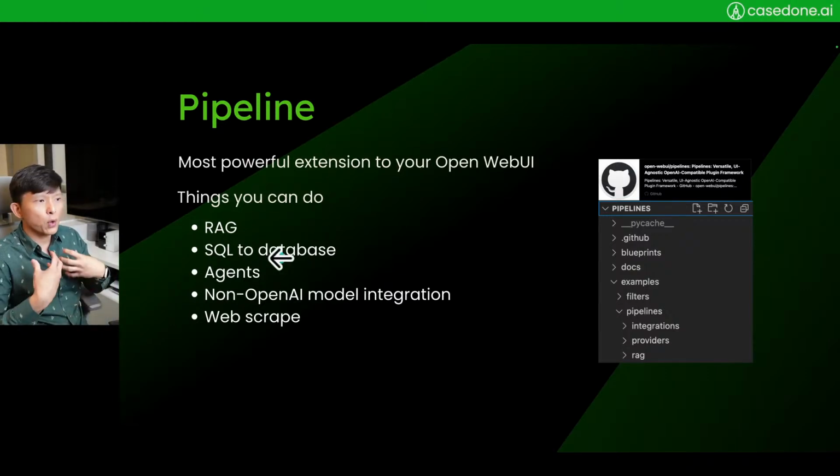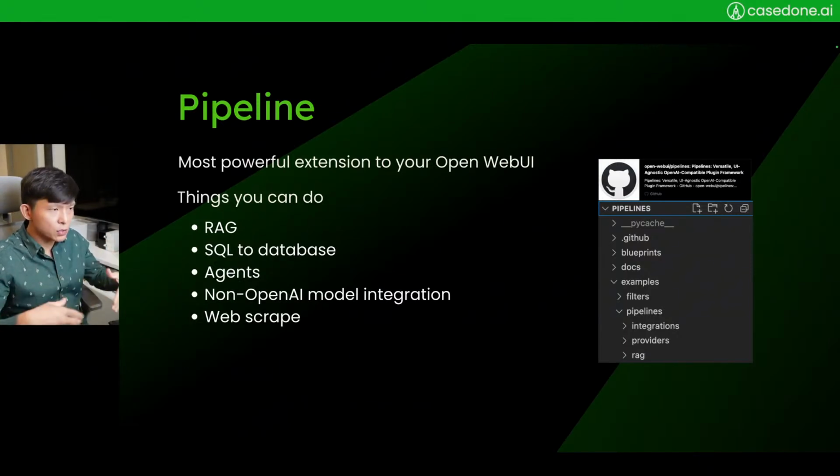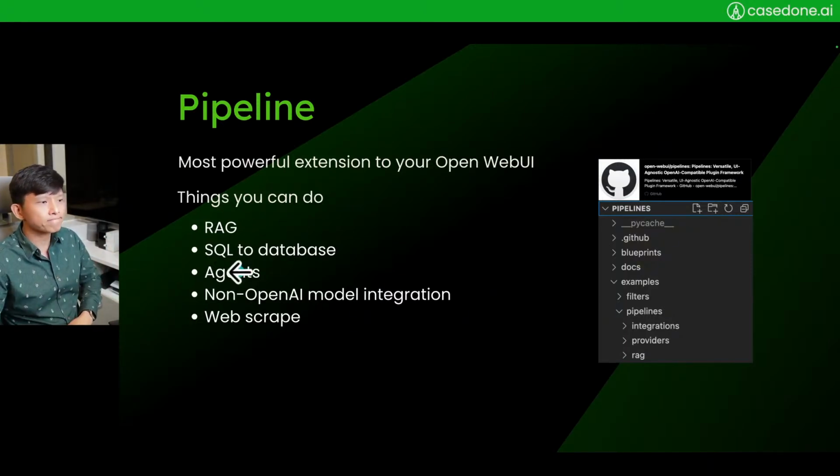You can define your own functions, your own agents, and use them inside the pipeline. You can use it as a way to use non-OpenAI providers like Gemini or Anthropic, and also other functionalities like web scraping. It can be done inside this pipeline as well.